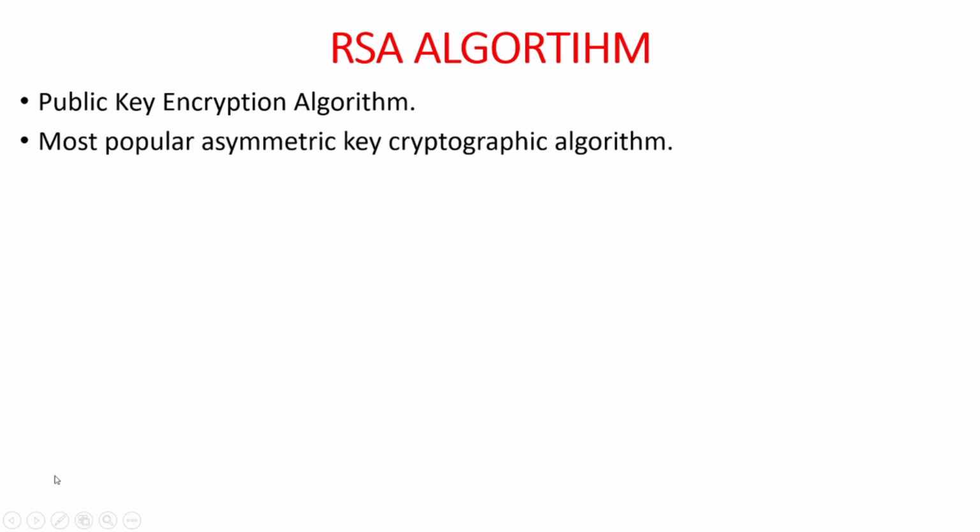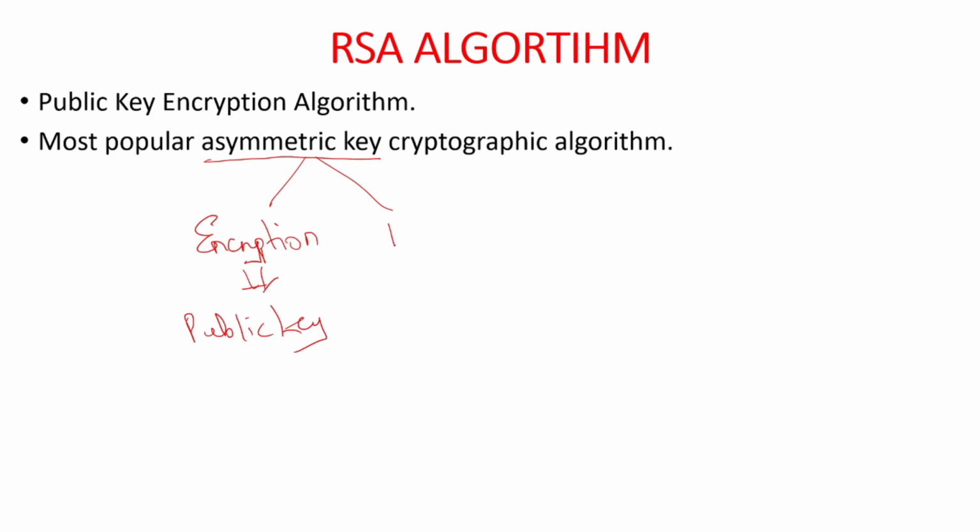It is the most popular asymmetric key cryptography algorithm. Why is it called asymmetric? Because we use two different keys for encryption and decryption. For encryption of data, we use the public key in the RSA algorithm. Encryption is done at the sender side and decryption is done at the receiver side, and during decryption you use the private key.